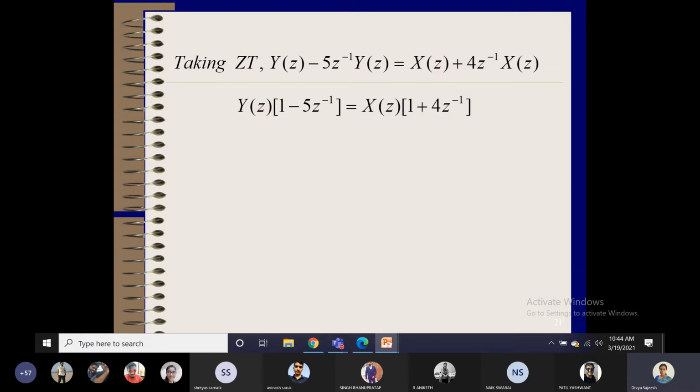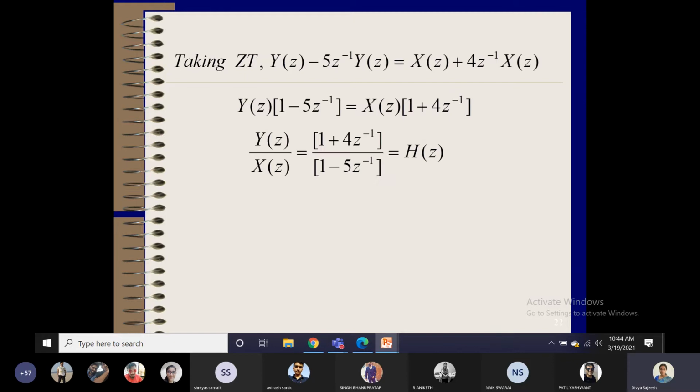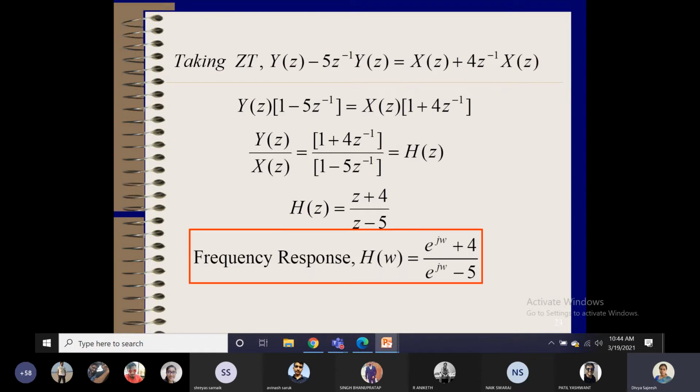Then to obtain H of z, divide Y of z by X of z. So you will obtain H of z as 1 plus 4 z inverse upon 1 minus 5 z inverse. Simplifying, you will obtain H of z as z plus 4 divided by z minus 5.